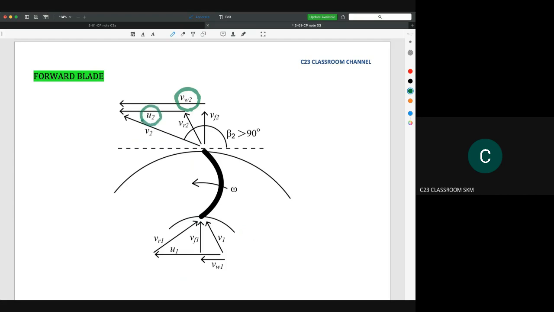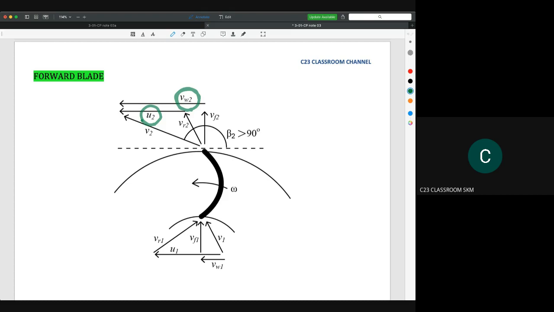That's why I said you cannot just remember all the equations after this, because all the equations actually come from the velocity triangle. I will show you in the tutorial how to use the velocity triangle very well to get the equations, because you could use a lot of equations based on the velocity triangle.